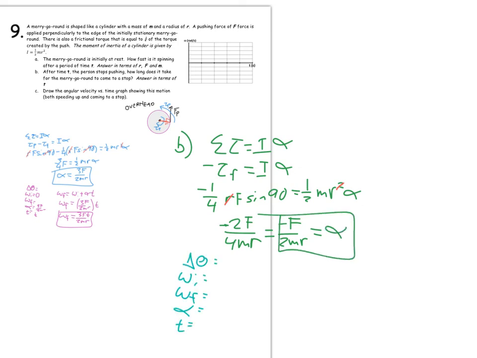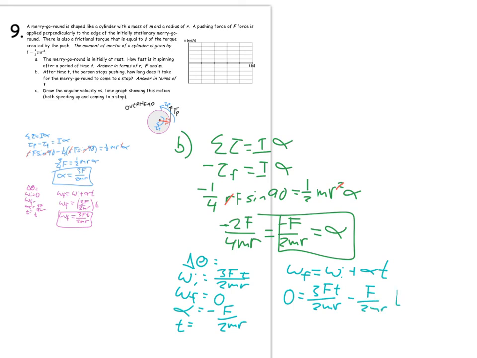We once again can set up angular kinematics. We know we're initially traveling at a speed of 3Ft over 2mr. We're slowing down to a stop, and our angular acceleration is going to be negative F over 2mr. So we can say 0 equals 3Ft over 2mr minus F over 2mr times t.